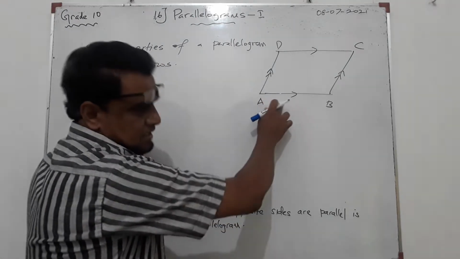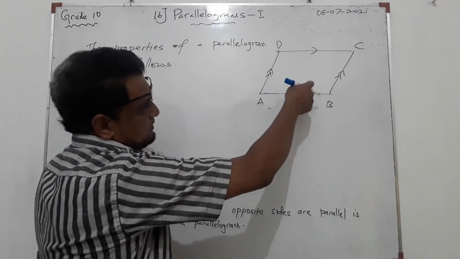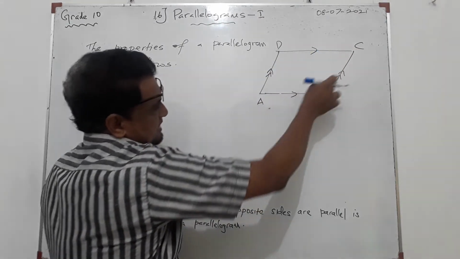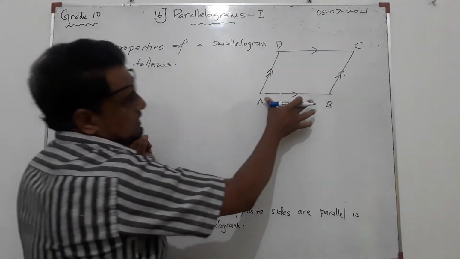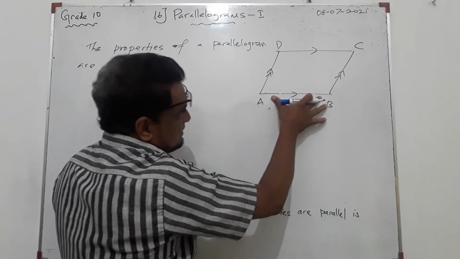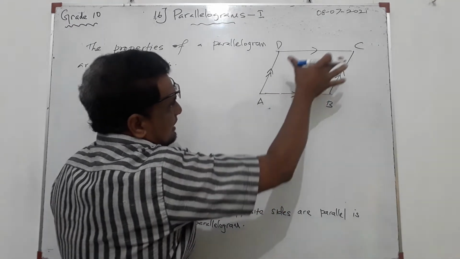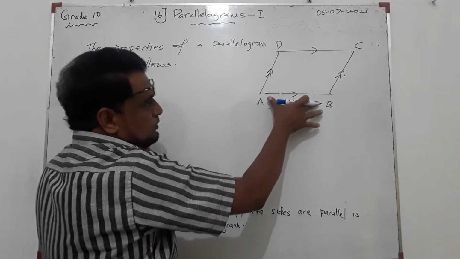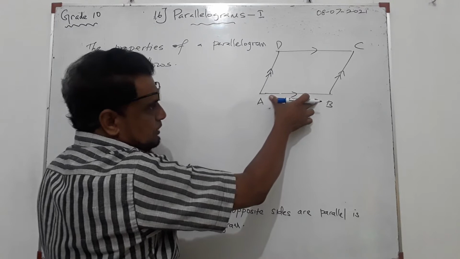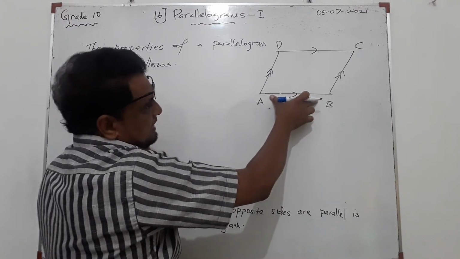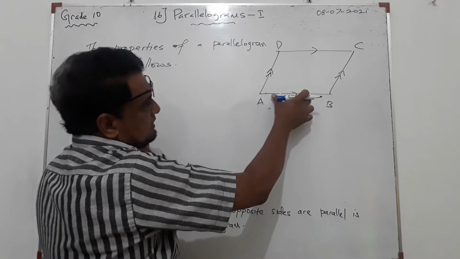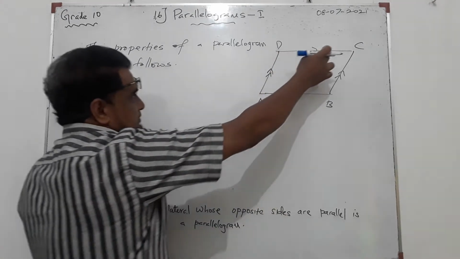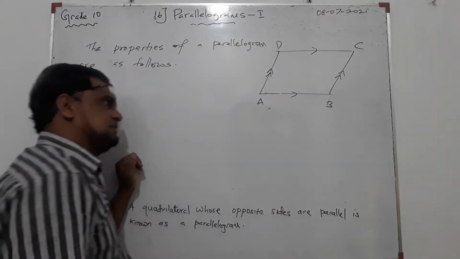As you got the previous knowledge from previous grades, when you see the shape of a parallelogram, you can take the measurements of line segment AB and line segment CD. These are the opposite sides. When you measure the length of line segment AB and compare it to line segment CD, both are equal to each other.